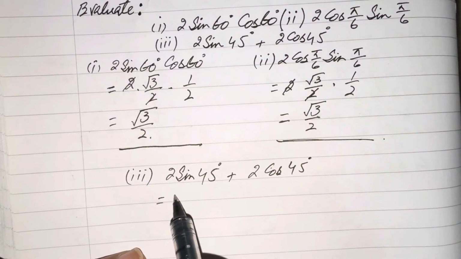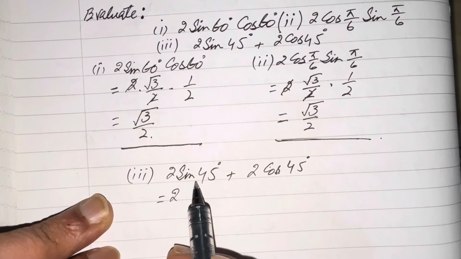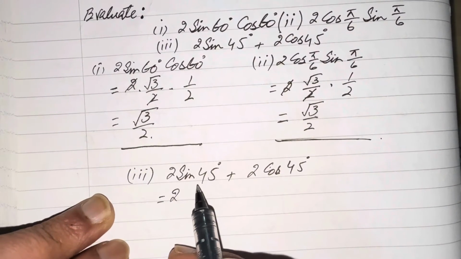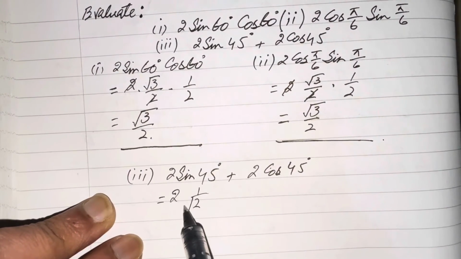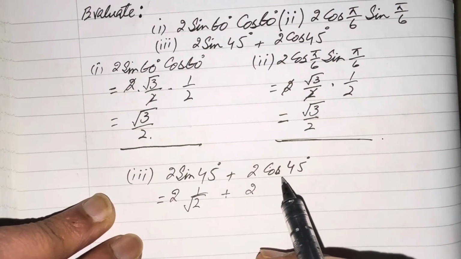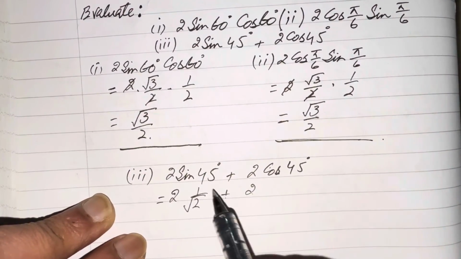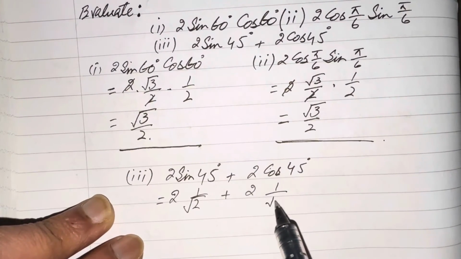This 2 stays as it is, 2 into the value of sine 45, which is equal to 1 over under root 2, plus 2 into cos 45, which is the same value as sine 45, so that becomes 1 over under root 2.